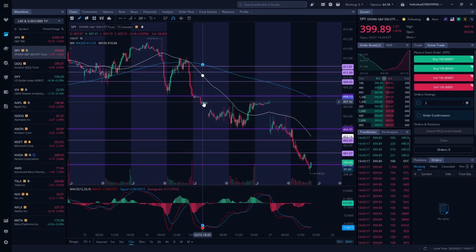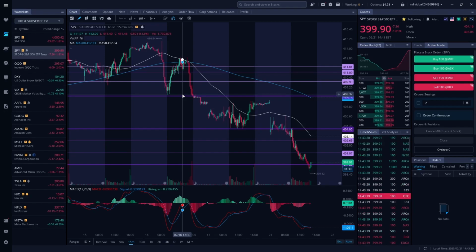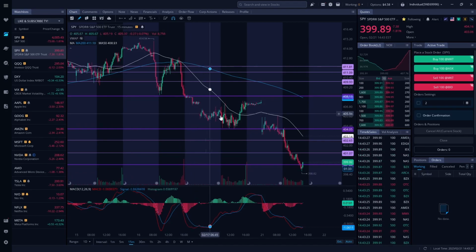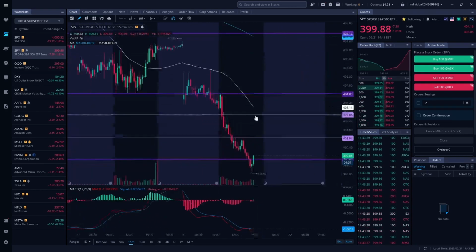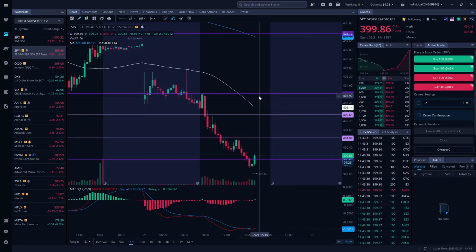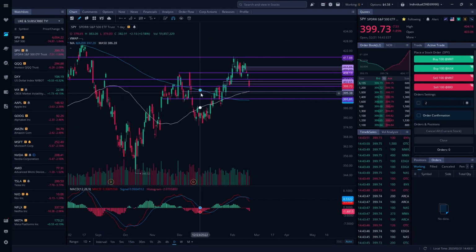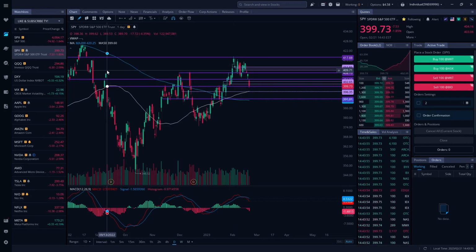Yes, the closes are important, but you want to mainly pay more attention to closing over or under your support or resistance level. So this is today, and we've had a nice sell-off, and as you can see how I drew my levels, if I was to go back, this is data all the way back in about August, right?